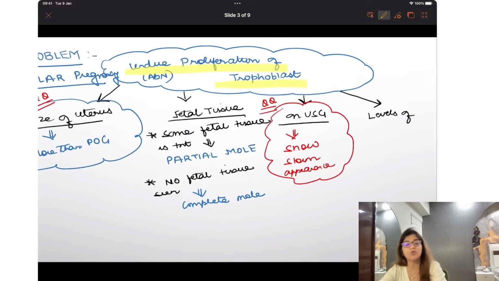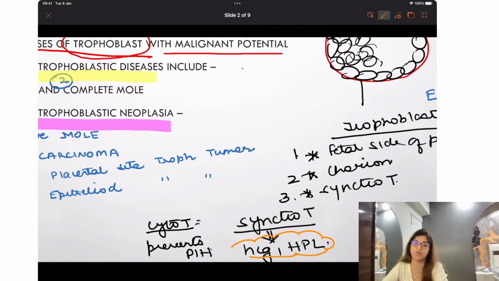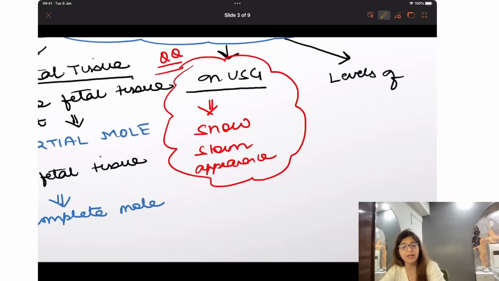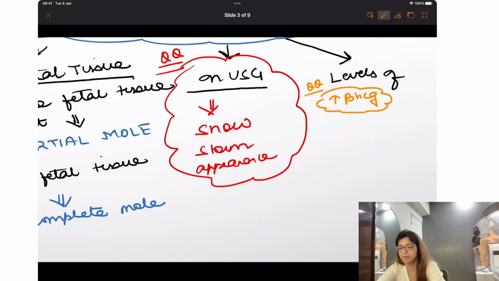Now, just now I told you that the syncytial trophoblast forms hormones like HCG and HPL. So this trophoblast is madly proliferating. If it is going to madly proliferate, what will happen to the levels of HCG? There will be increased levels of Beta-HCG. Again, very important question.